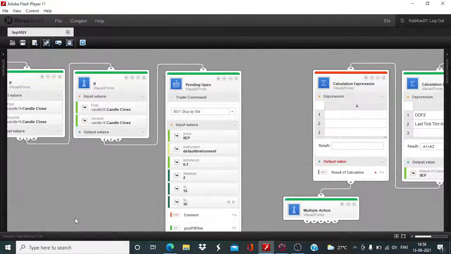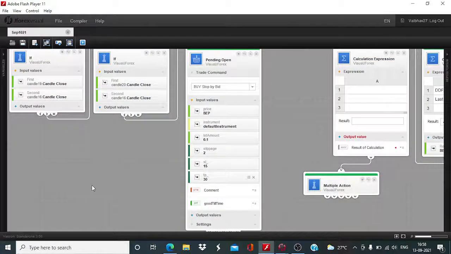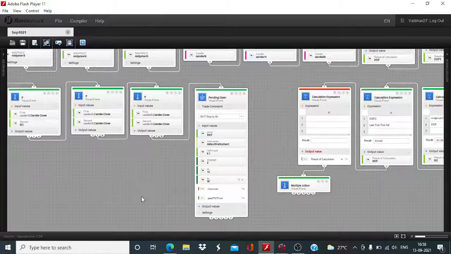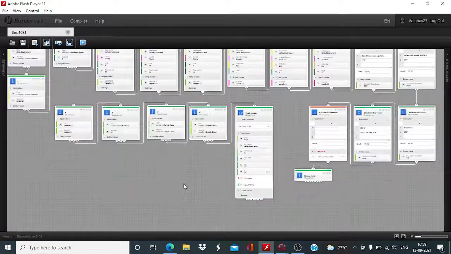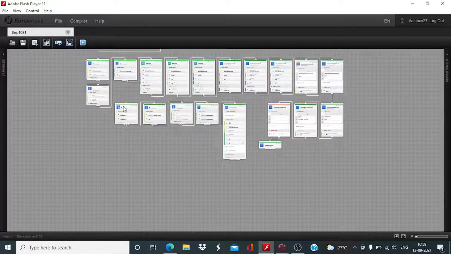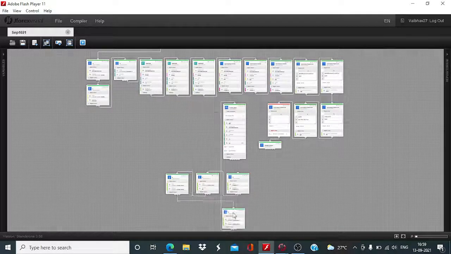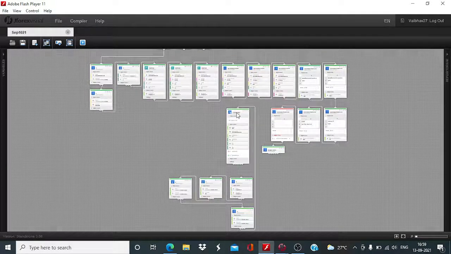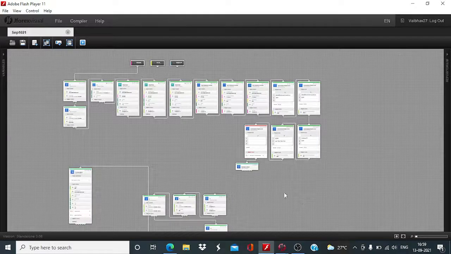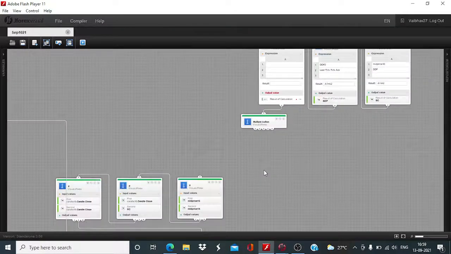And then comes the question of order validity. We will keep the order valid for 4 hours, and prior to creating that variable having the value of 4 hours, I will arrange these logical blocks and join them to multiple action.